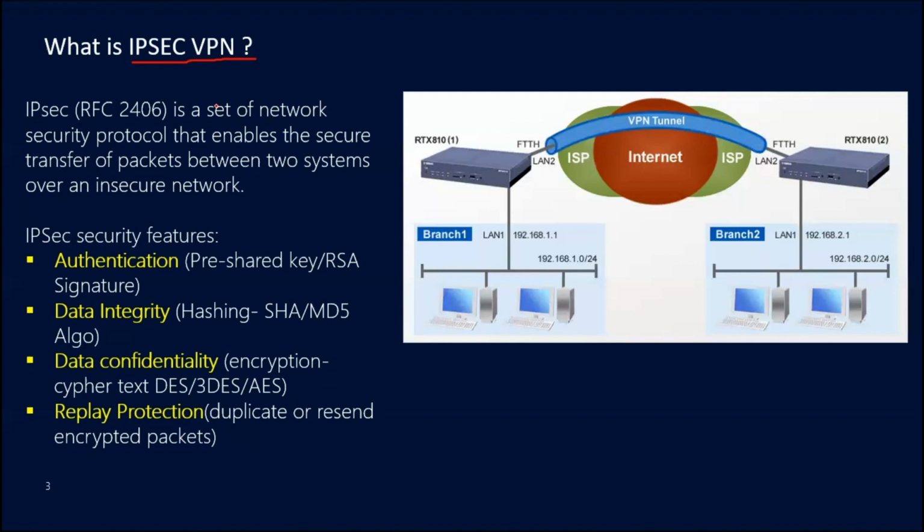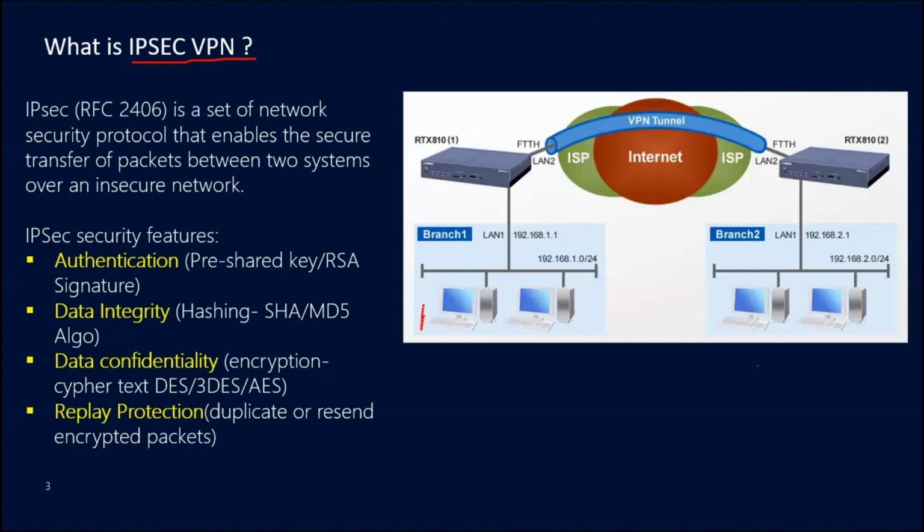In the OSI model we have 7 layers and IP comes under layer 3, which is the network layer. IPsec VPN is a set of network security protocols, and it enables the very secure transfer of packets between your two systems over an insecure medium, which is your internet.